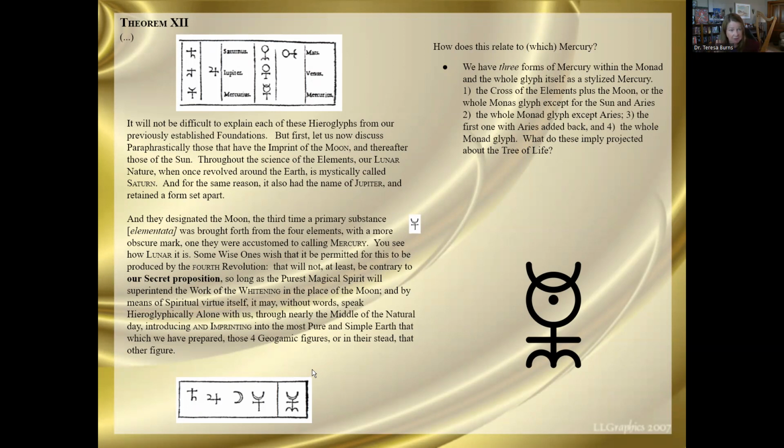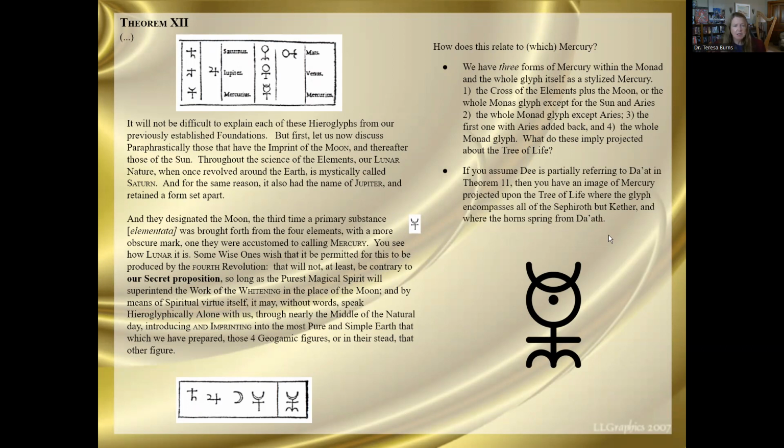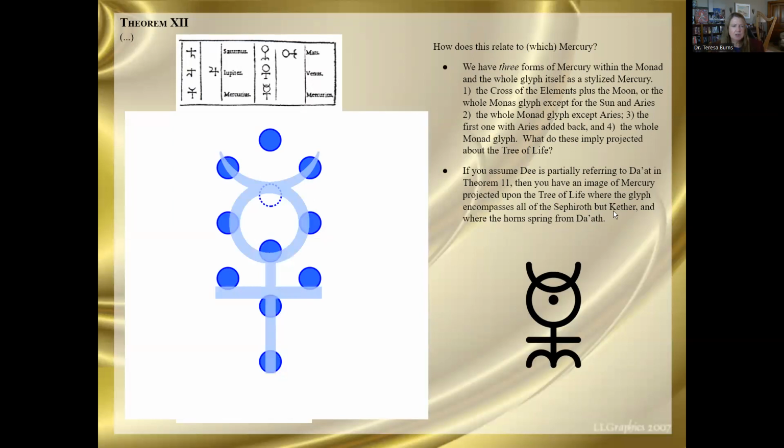In the theorem 13, not the next video, but the next theorem, we'll talk about these columns to the right that are created by signs of the sun. But if you go back to the last theorem, the one where we saw the vesica piscis and dot, and if we assume D is partially referring to dot there, then what you're going to have is an image of Mercury projected onto the tree of life like this.